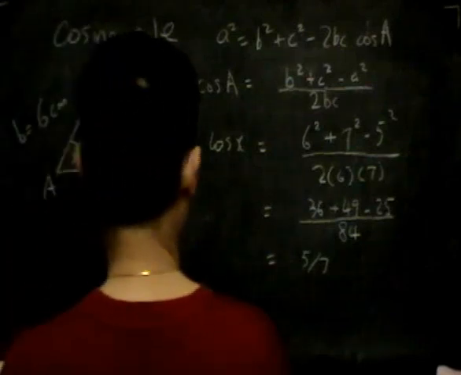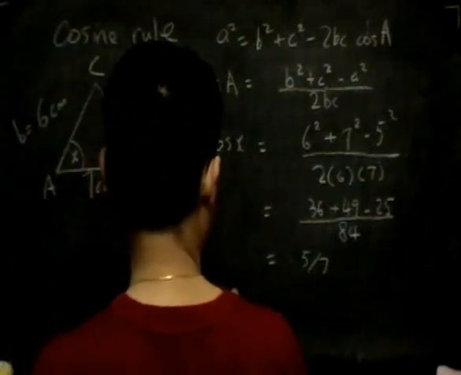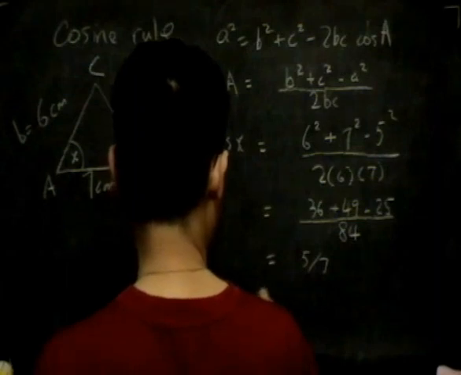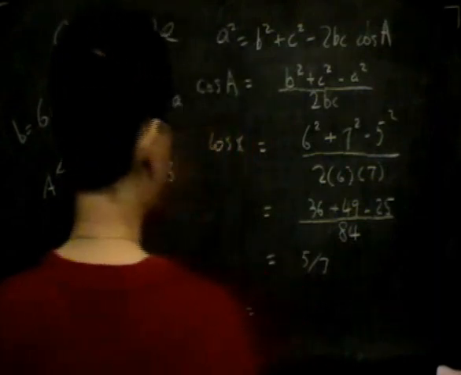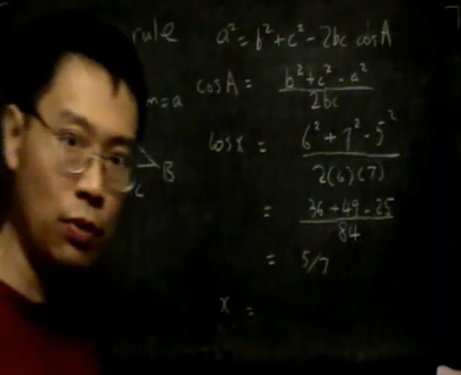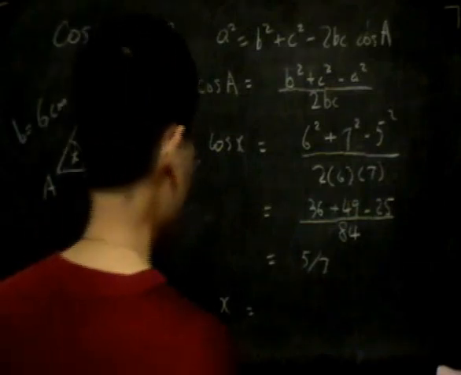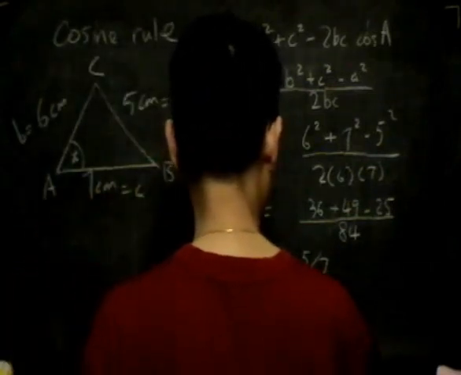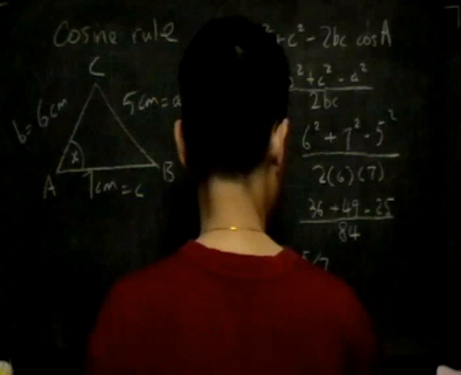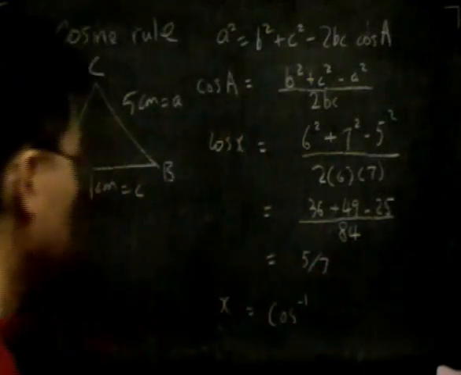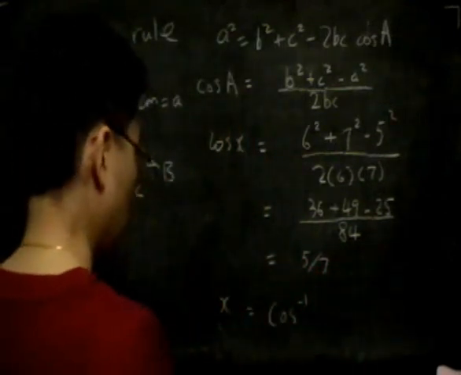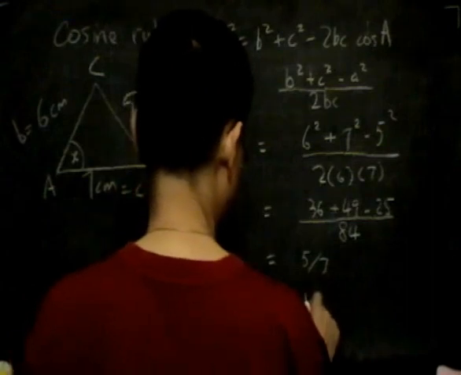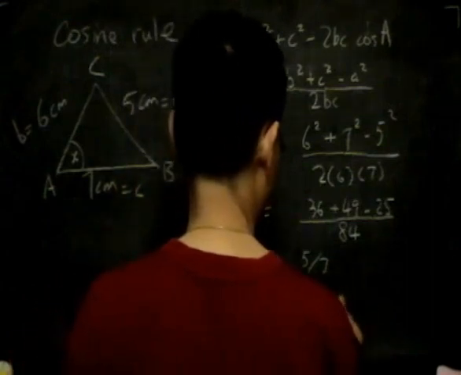Alright, if I then want to find x, now if you remember how to find the angle, you write down inverse cosine, the minus 1 there, of 5 over 7.